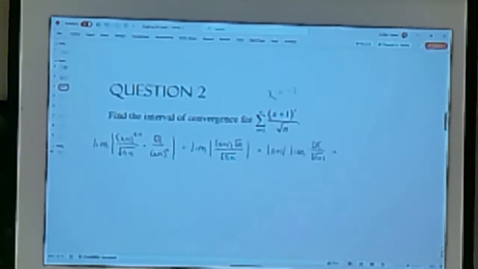We wind up with the absolute value of x plus 1. That's going to have to be less than 1, which means that x plus 1 is between -1 and +1, or x is between -2 and 0.